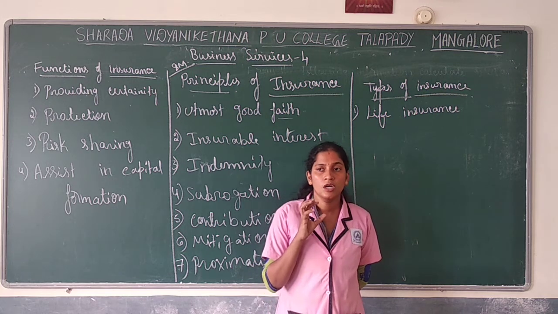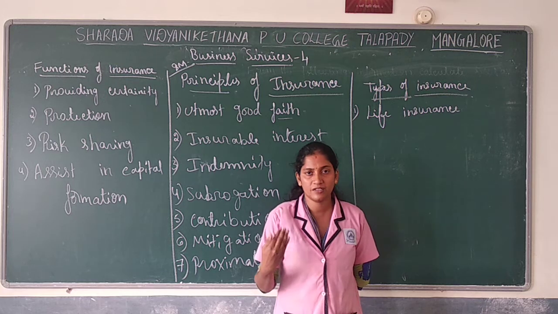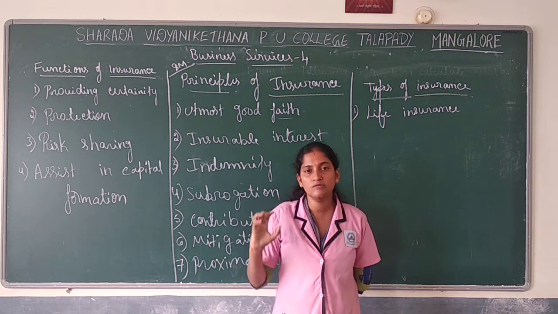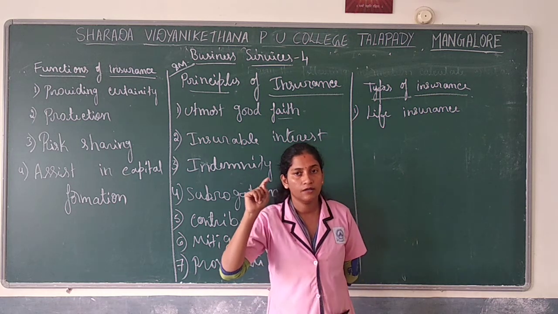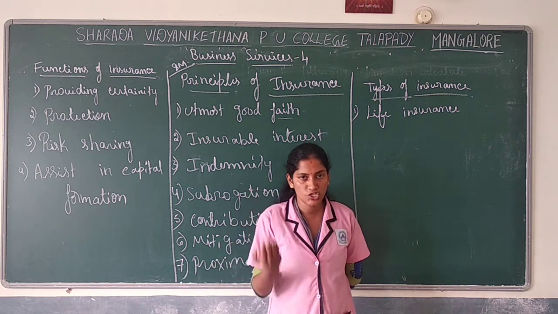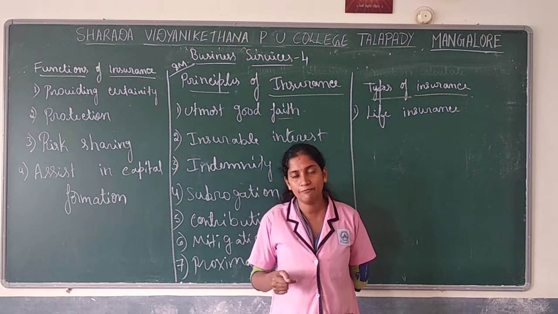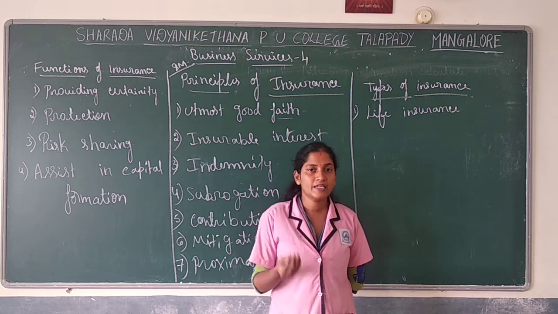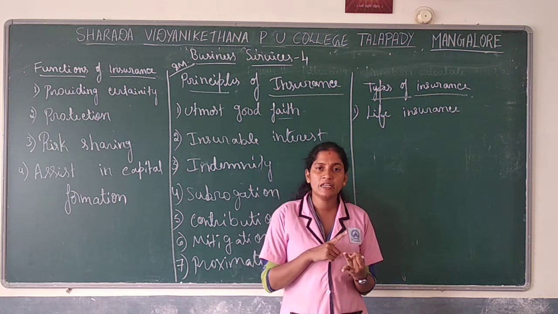So utmost good faith means, in order to get the faith, the trust, what he has to do? A person who is taking an insurance policy has to tell all the facts to the insurance company, and even the insurance company also should tell the certain rules and regulations related to insurance. Like it might be related to terms, or it might be related to money.